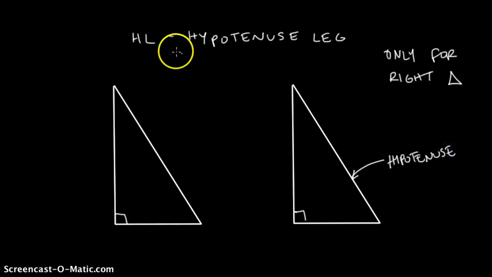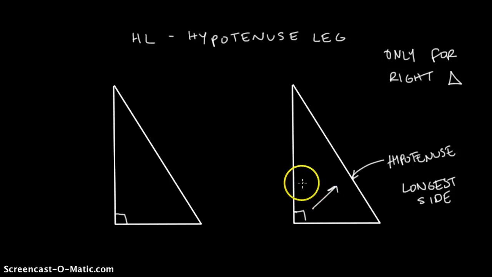I know this is a bit crammed, but hypotenuse is basically the longest side, not the long side, but the longest side of a triangle. That's what we call it. And it's always opposite or diagonal from the right angle, the 90-degree angle. So you can just look out that way and find the hypotenuse. So that's the hypotenuse right there, the longest side.